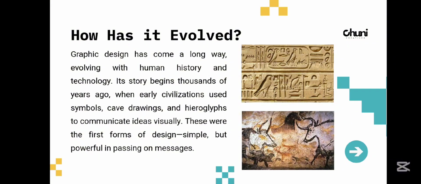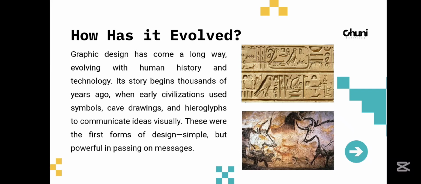These were the first forms of design, simple but powerful in passing on messages. On this slide in particular, you will see a picture of hieroglyphs and a cave drawing. With the discovery of these things, we were able to see that even the people of old wanted to use images to visually communicate what they wanted to say.